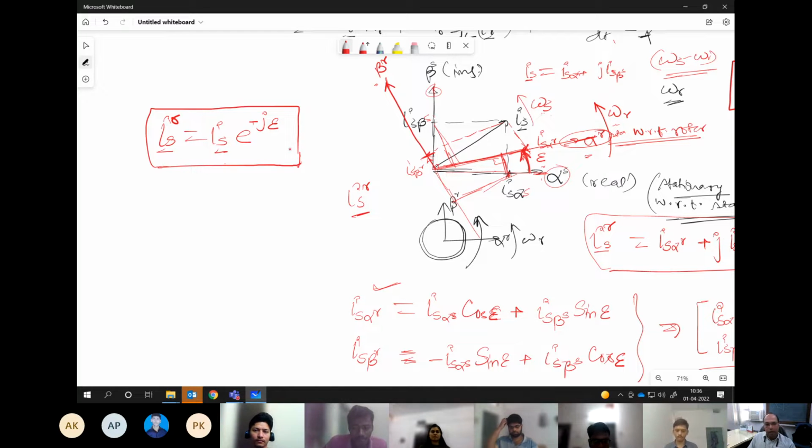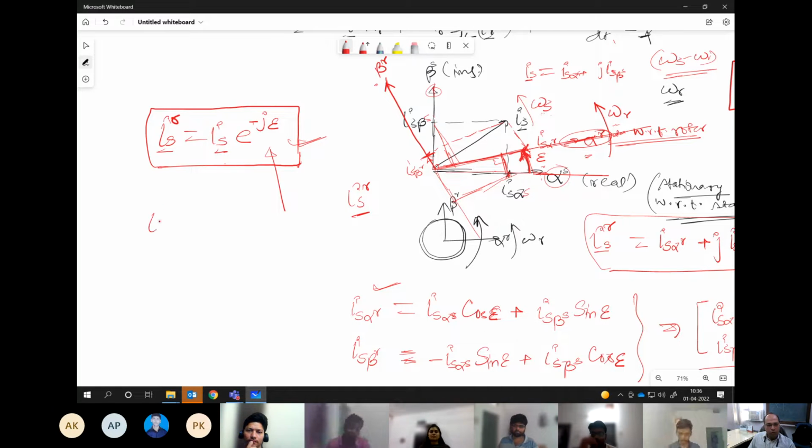You only need to multiply a unit vector given by the angle formed between the present reference frame and the new reference frame. And the angle must be taken in the counterclockwise direction. So you need not solve for the components every time. You can simply take this as the rule.